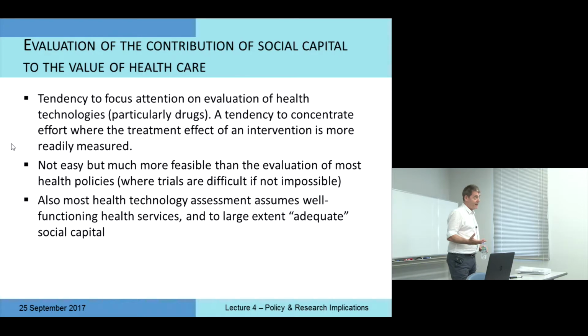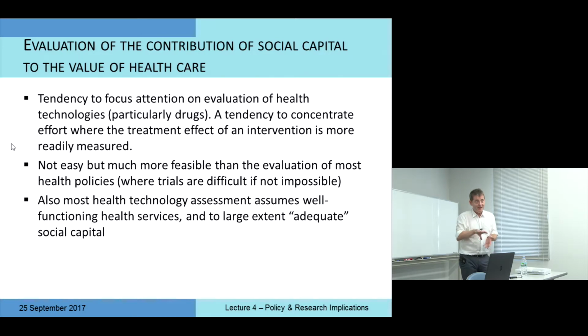Another way of saying this might be, we're assuming there's adequate social capital. And so, if there is, the health policy may well work quite well. If there's not, it may work much less well.